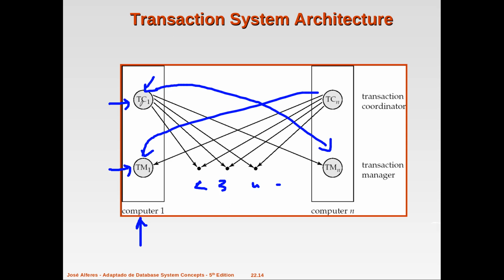But normally the transaction coordinator and transaction manager of the same site will communicate a very small number of times, because most of the time the data requirements are from other sites, so it will be communicating with the transaction managers of other sites. So this is the basic transaction system architecture. Based on this architecture only, all the activities related to the transaction or distributed transaction will occur.